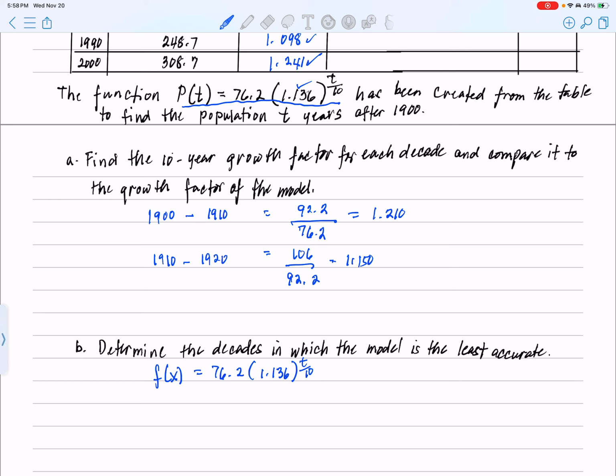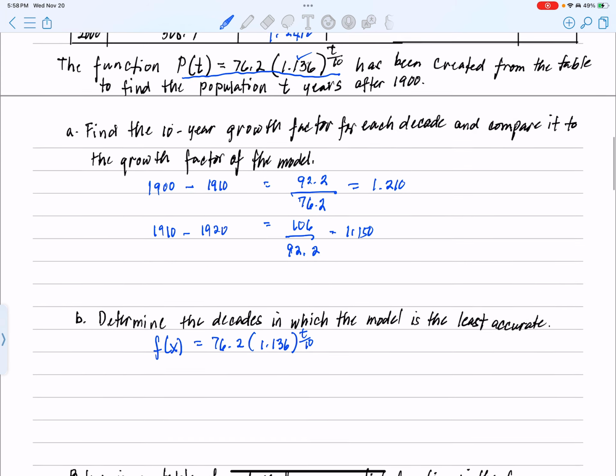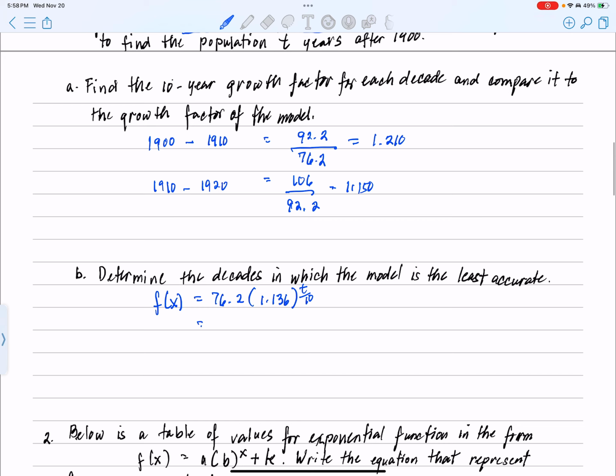So 76.2 times 1.136, we have 86.56, because that time t is 10, so 10 over 10, that's to the first power.